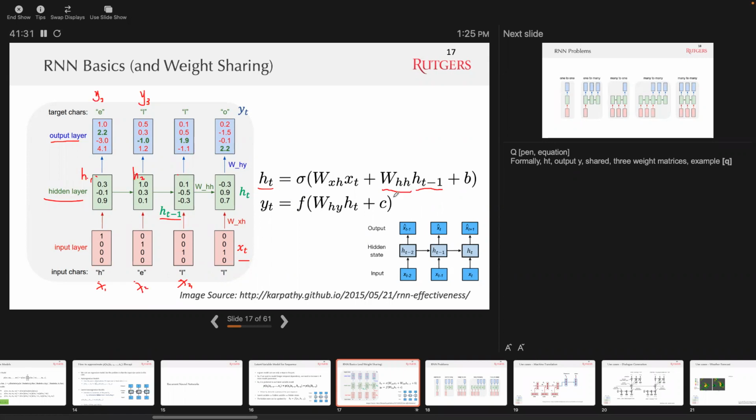This h has a dimension of 3, and therefore this weight matrix is going to be a 3 by 3 matrix, because the result of your update is also going to be 3-dimensional.